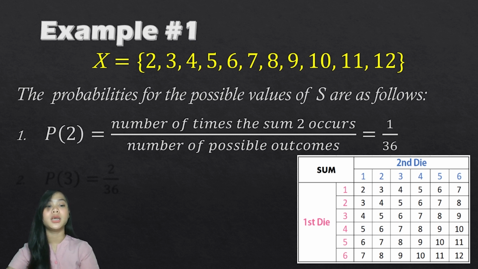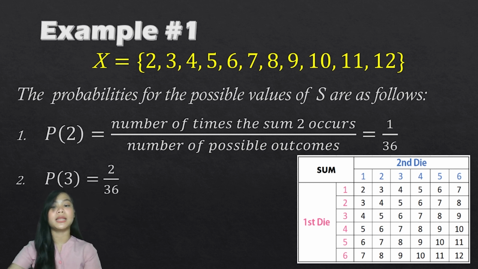The probability that the sum 2 will occur is 1 over 36. Next, let's get the probability that sum 3 will occur. As we can see in this chart, we have 1, 2, which is a sum of 3. So we have 2 over the total possible outcomes, 36. So our probability is 2 over 36.